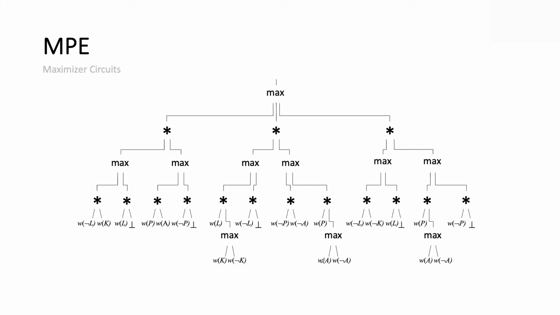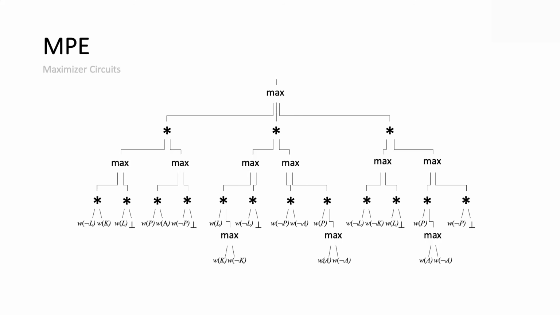That means the number you're going to get at the top will be the probability of the most likely instantiation. Remember, that was the NP-complete query. And he even showed that you do a backward pass on the circuit and you get an actual variable instantiation that attains that highest probability.